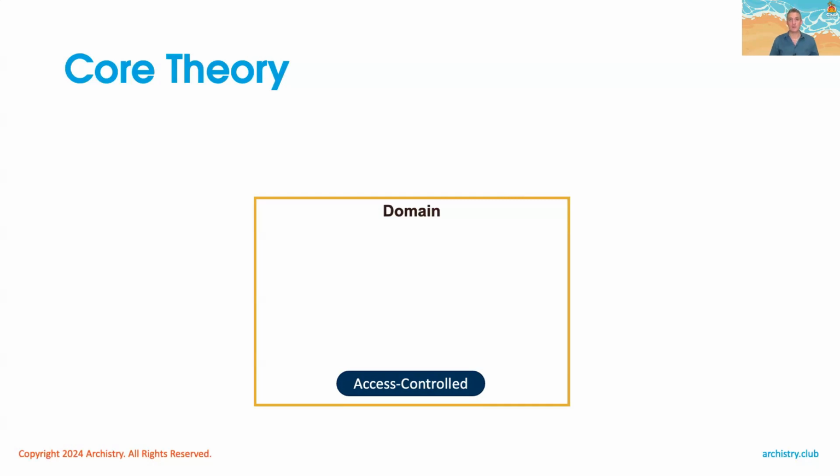So the whole point of establishing a domain is that the domain owner wants to establish and maintain that domain boundary. In practical terms, what that means is they're defining a perimeter for access control, and they are going to set the rules of what can be inside the box versus what can be outside the box.